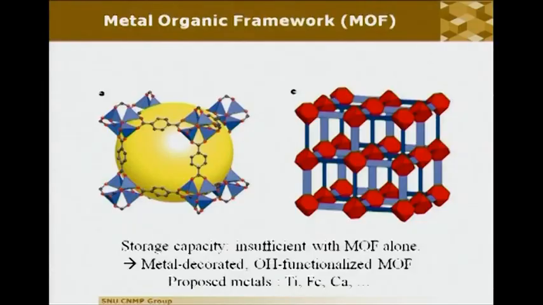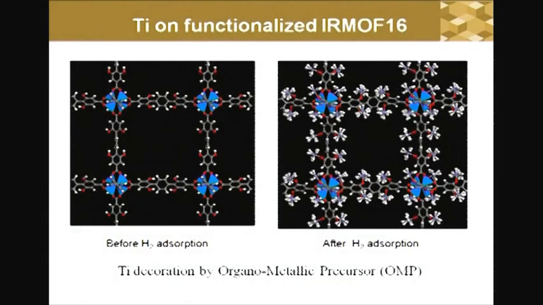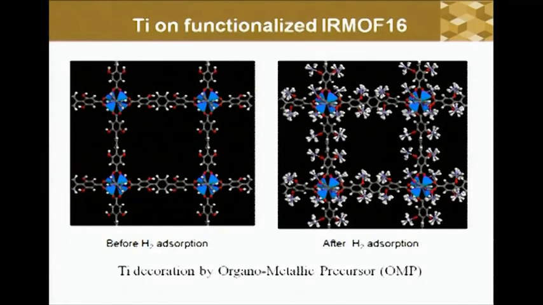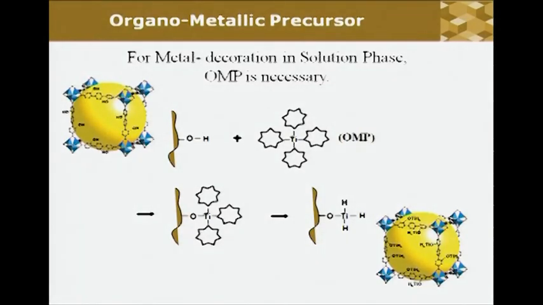And this is a typical MOF structure. It has a cubic structure. It has a lot of empty space. And with this simulation, we put transition metal on top of MOF structure. And after all this simulation, we brought this idea to experimentalists.